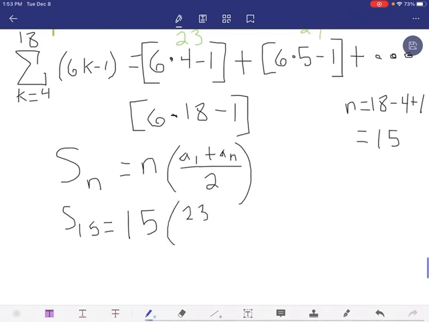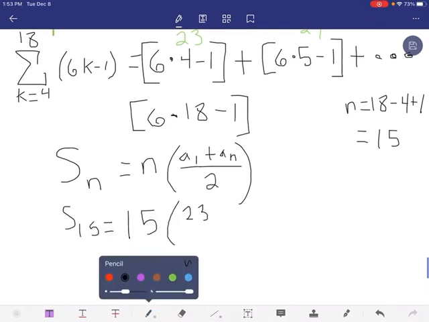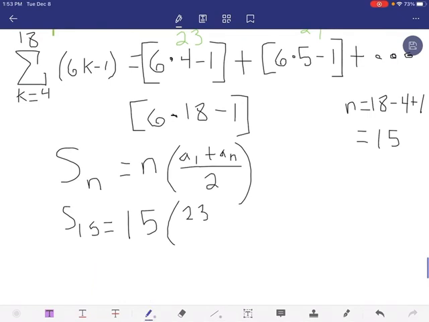We know that our first term is 23. Then notice that we also need our last term, so we would need to do 6 times 18, which is 108, minus 1, which is going to give us 107.